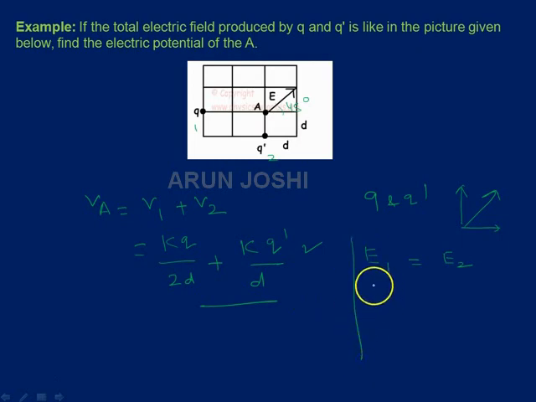You will say KQ upon 4D square. What is E2? That is K Q dash upon D square. Now you can calculate the relation between Q dash and Q, put it here and get the result by solving it. So please solve it yourself, then go to the next part.